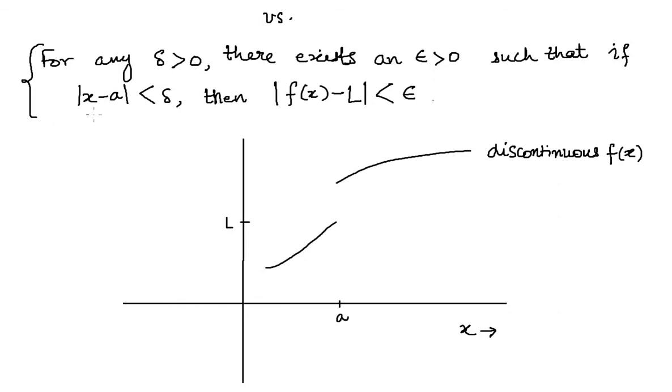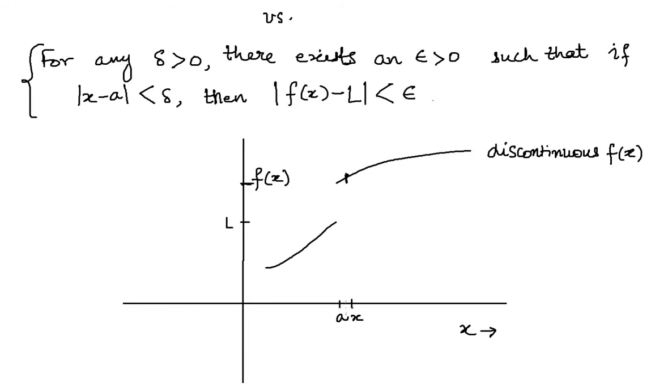Okay, so it says for any delta greater than 0, there exists an epsilon greater than 0 such that if the absolute value of x minus a is less than delta, that is x is nearby a. So let's say x is here. So f of x is therefore somewhere here. That's f of x. So we can now see that this point x minus a can be made small, right.